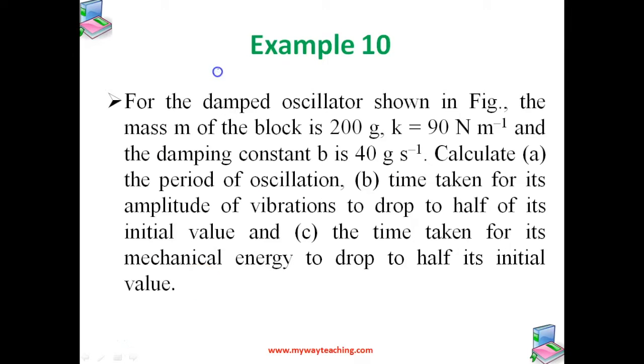Let us see another simple example. Example 10. For the damped oscillator shown in the figure, the mass m of the block is 200 gram, the value of spring constant is 90 Newton per meter, and the damping constant b is 40.